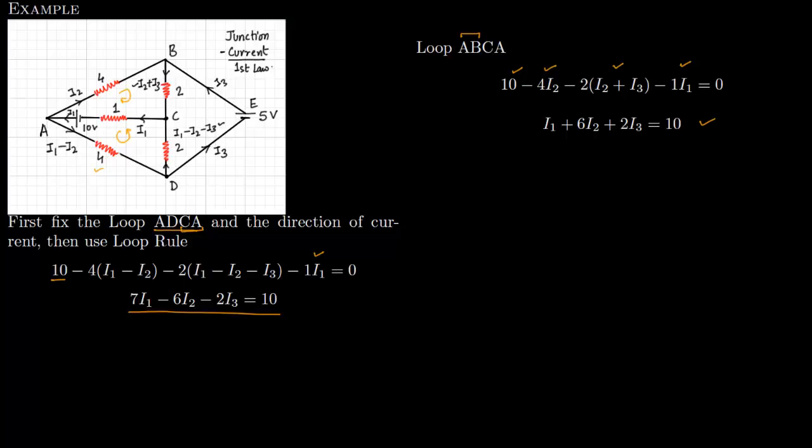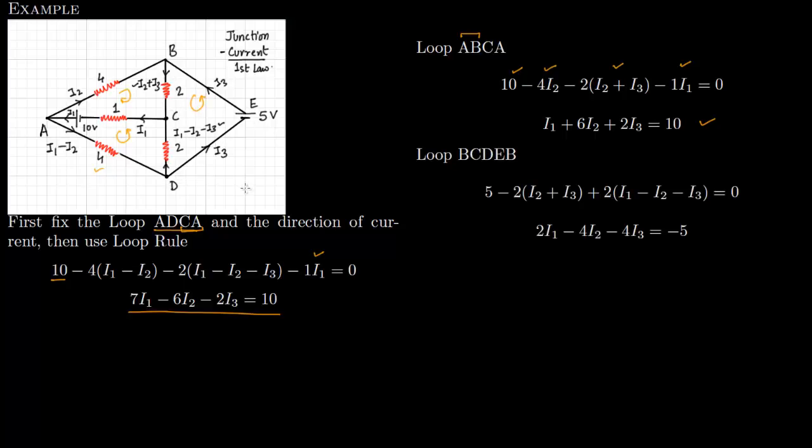Then we worry about the loop B, C, D, E, B. So this is the loop direction. Again the current is coming out from the positive side of the battery, and the loop is in the same direction.